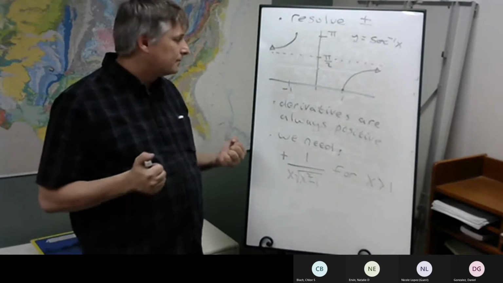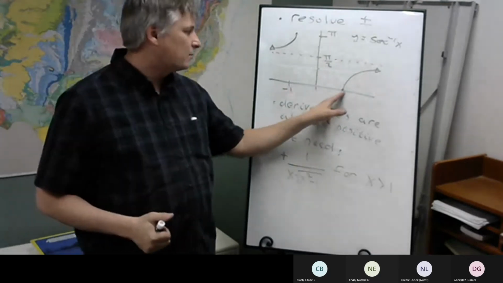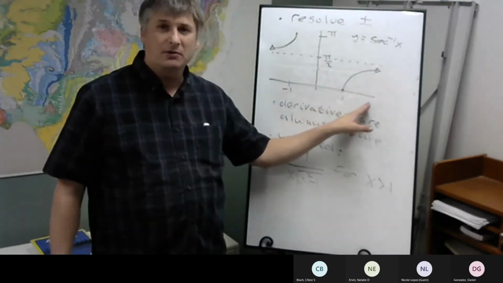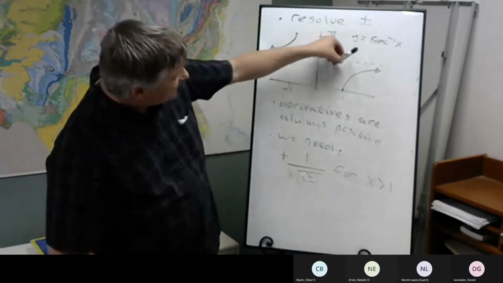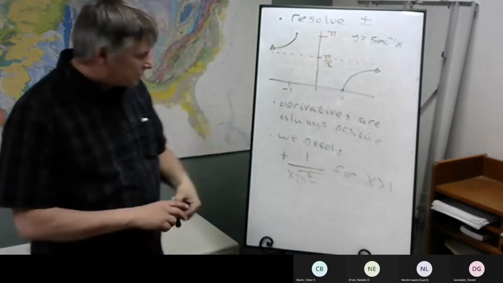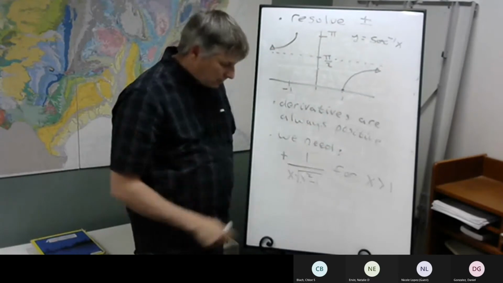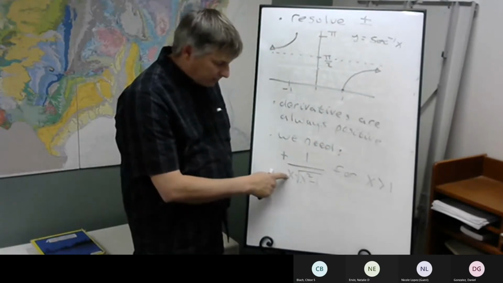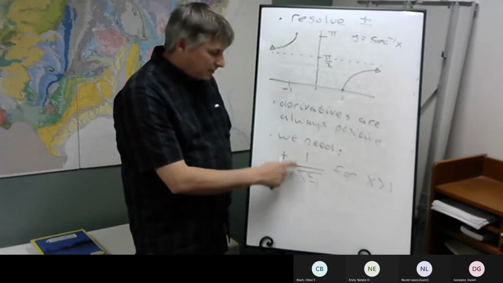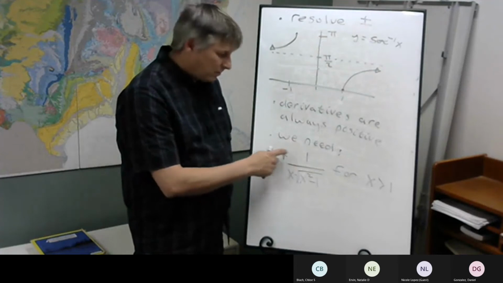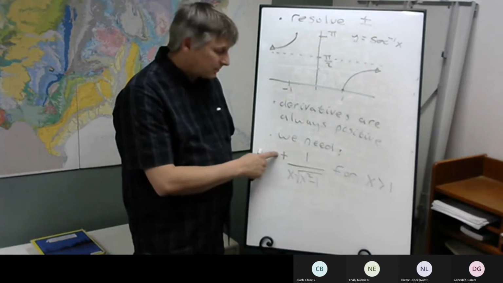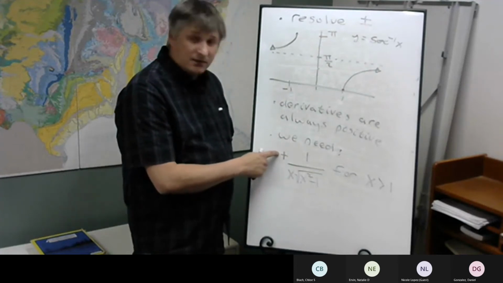Why is this? Well, when x is greater than 1, we're talking about this part of the function. And again, the derivative is positive. So if you look at this part of the domain, this is going to be positive. Now this is also going to be positive. We want to keep this positive. We don't want to accidentally put the minus on here. So we'll keep this positive by giving it the plus.